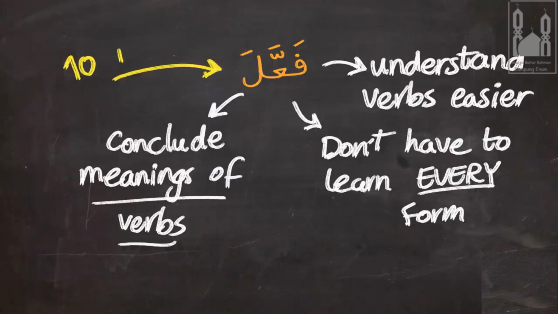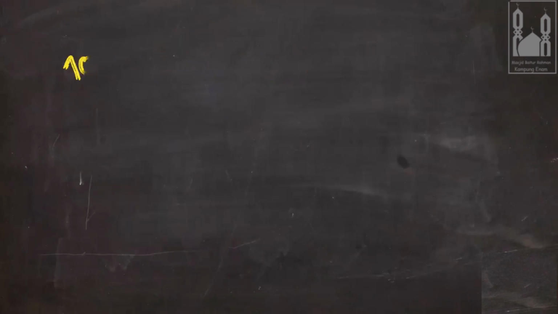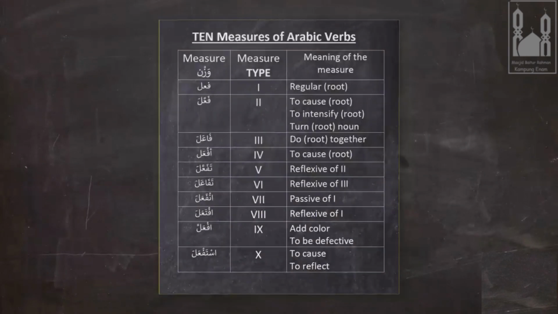There are in total 10 measures or forms of the Arabic verbs, and studying this chart and learning it by heart will turn you into an expert at Arabic verbs. By simply using this chart, you can know the approximate meaning of the verb and its measures without having to learn every single one of them.